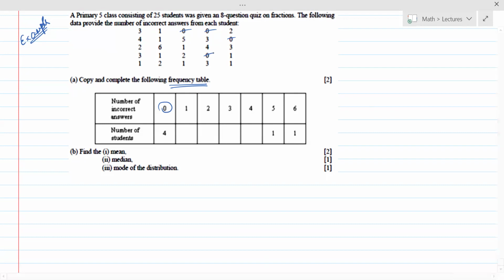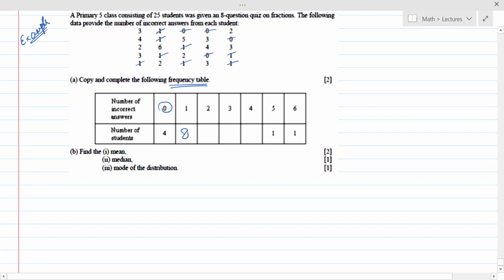In the same way, we have to find the respective frequencies for all the numbers of incorrect answers. Now we look for one incorrect answer: 1, 2, 3, 4, 5, 6, 7, 8. So there were 8 students who gave one incorrect answer.